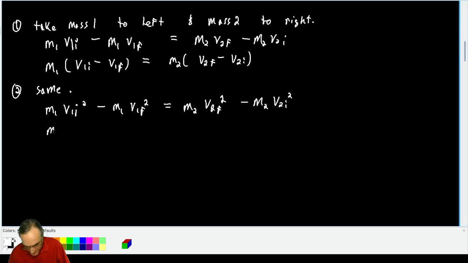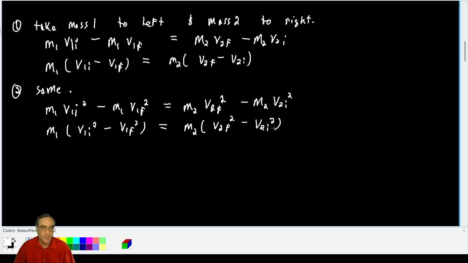And we'll factor the m's out. So m1 (v1 initial squared minus v1 final squared) equals m2 (v2 final squared minus v2 initial squared). These equations will become 3 and 4 respectively.